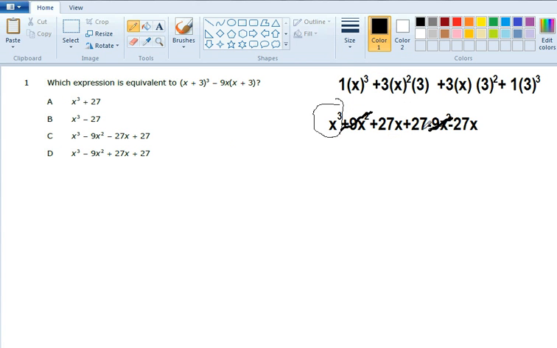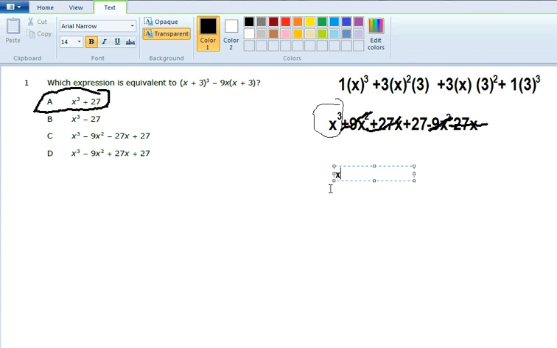Then I have 27x minus 27x. Those will also cancel out. So I'm just left with x cubed plus 27. And that's letter A. And that's it for number 1. So when we simplified all this, we got x to the third plus 27.